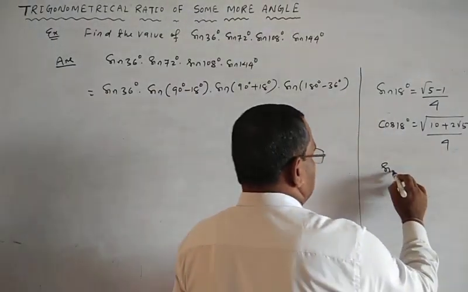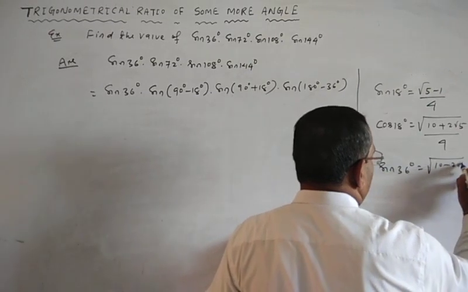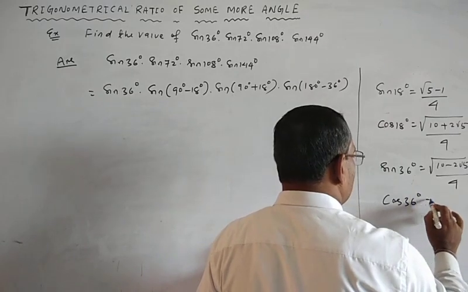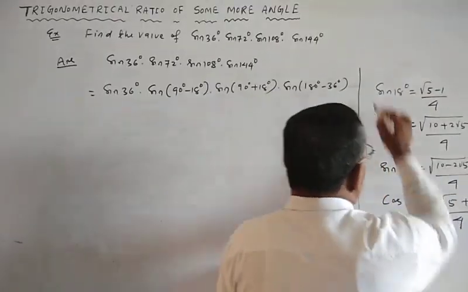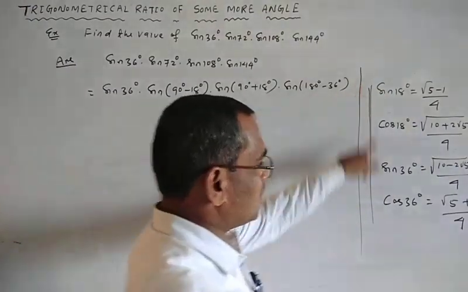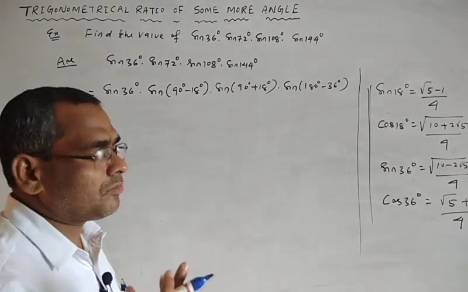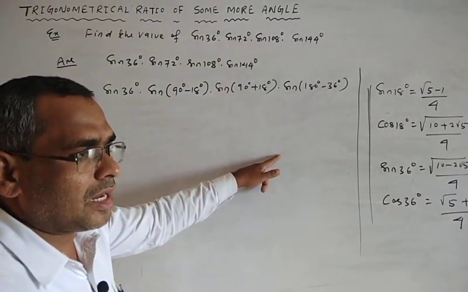Then sin 36 degree is equal to root of 10 minus 2 root 5 by 4, and cos 36 degree is equal to root 5 plus 1 by 4. So you remember these four things. Then 72, 108, 144 you express as 90 minus 18 or 180 minus 36.